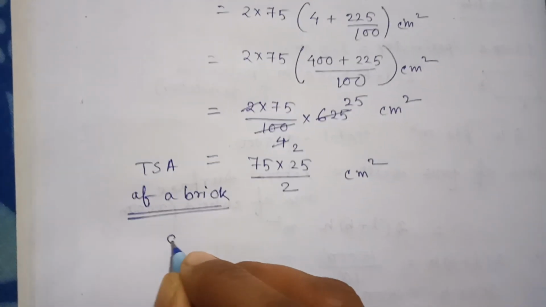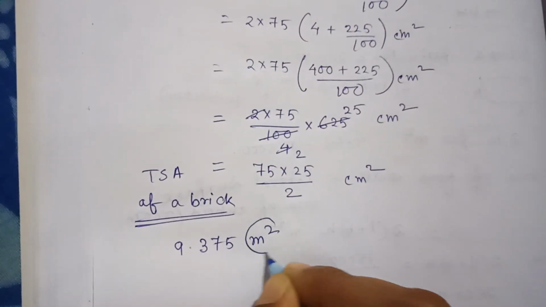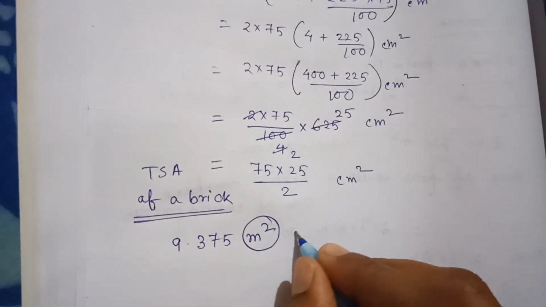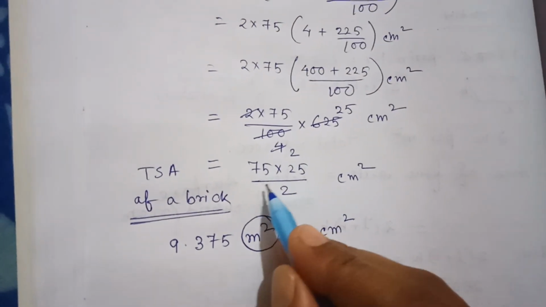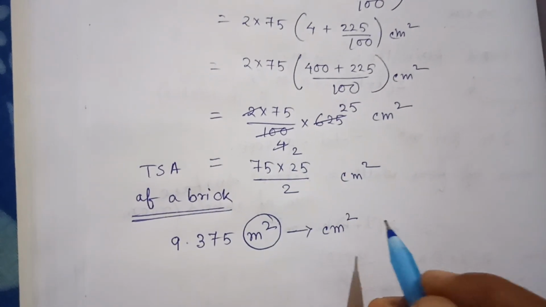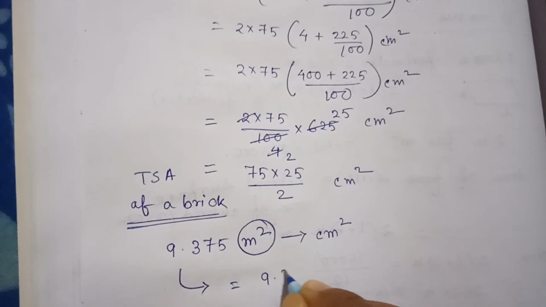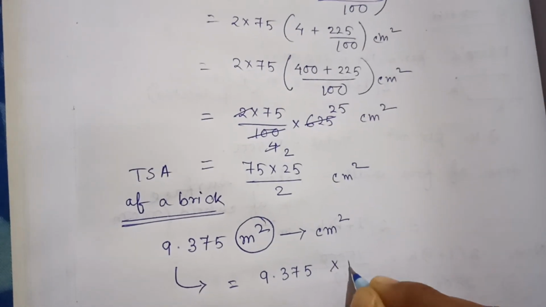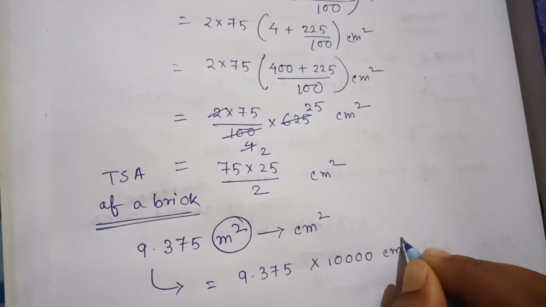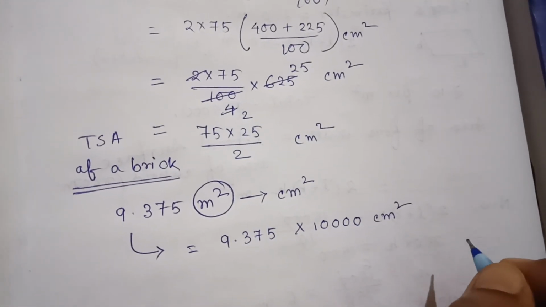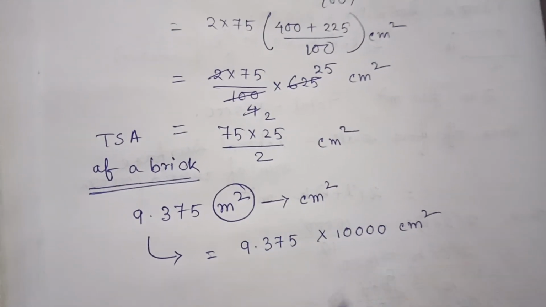Now the total area that can be painted is in meter square. So we have to first convert this meter square into centimeter square, then we can tally with this. So it will be 9.375 into 10,000 centimeter square. Okay, 1 meter square is equal to 10,000 centimeters square.